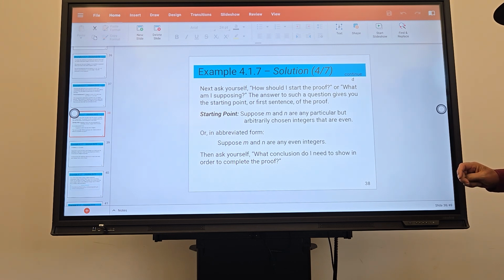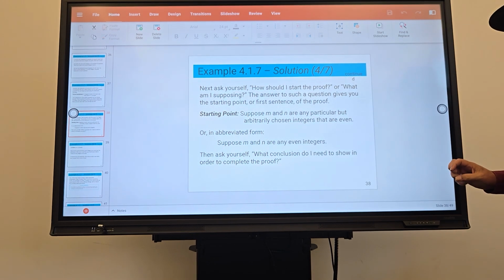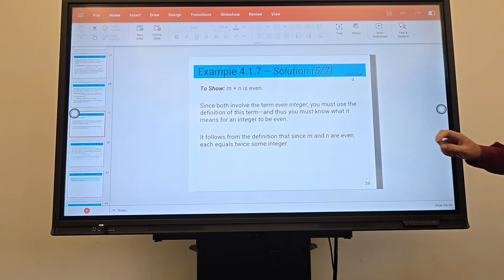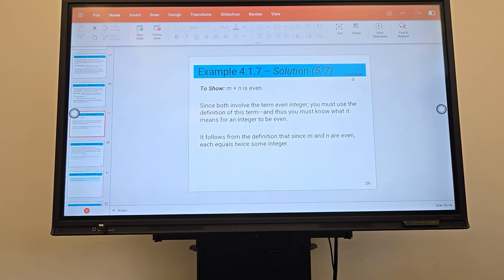Suppose M and N are arbitrarily chosen even integers. What conclusion do I need to show in order to complete the proof? M plus N is even.